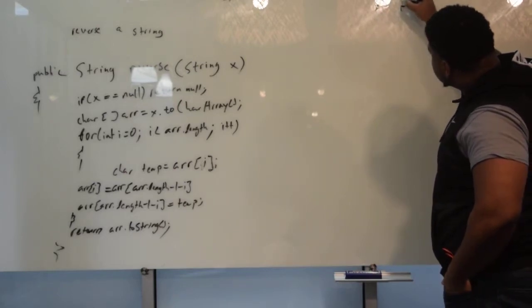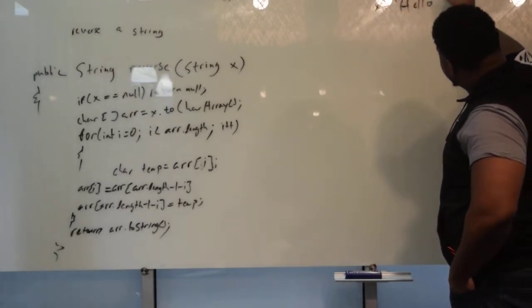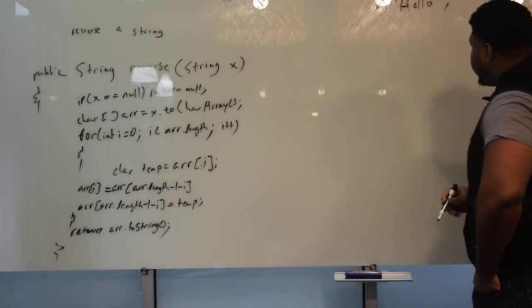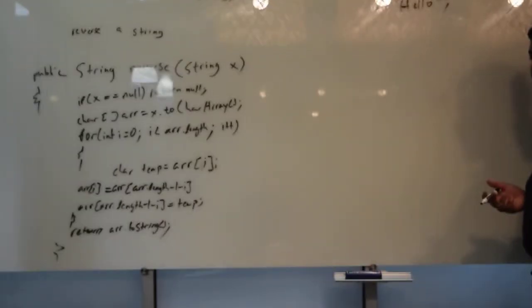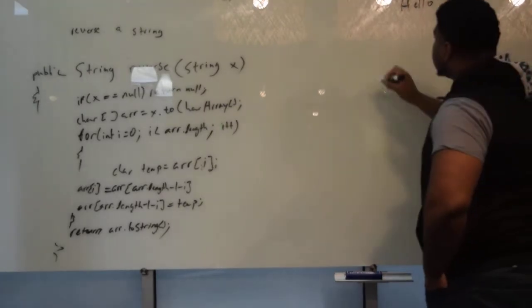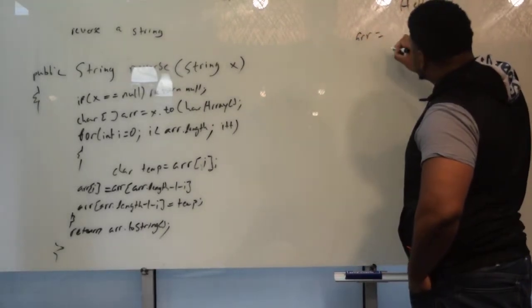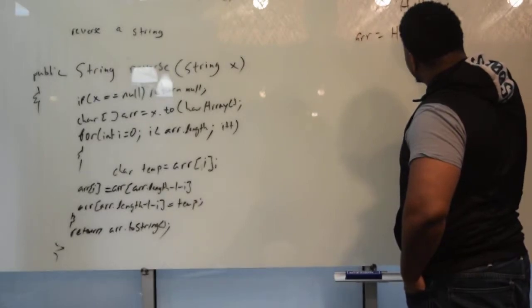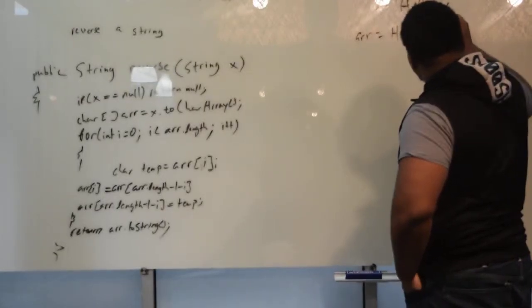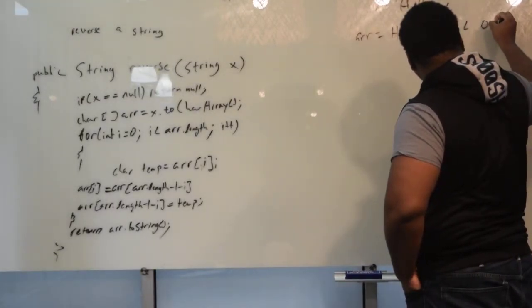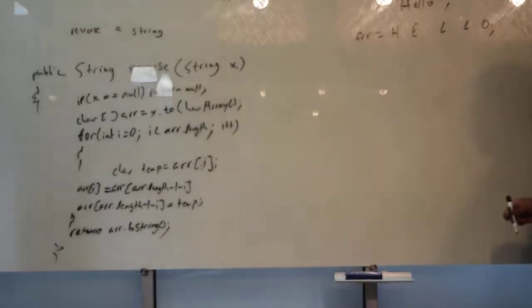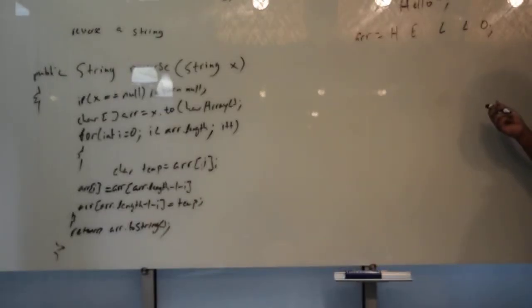So x is equal to hello, right? And now we're converting it into an array. So we say array is equal to h, e, l, l, o, right? So now our hello is an array.